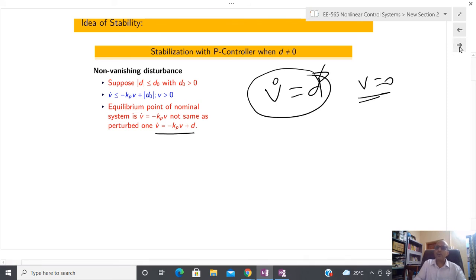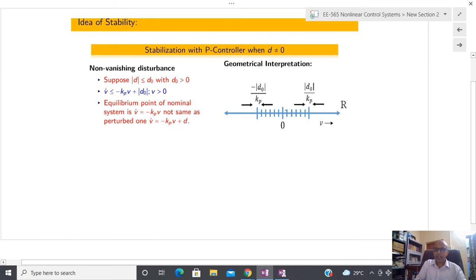Okay, so what happens after some time? Suppose you are very far from the equilibrium point. I want to see the behavior about the equilibrium point in order to characterize the stability, because now I understand how to characterize the stability.